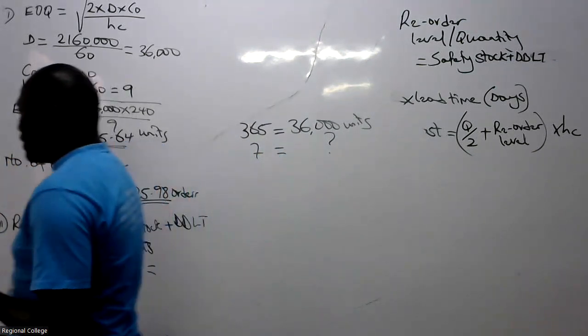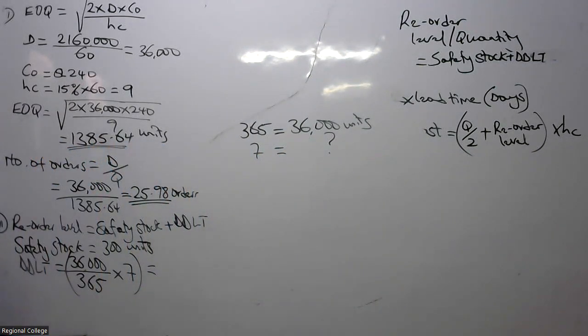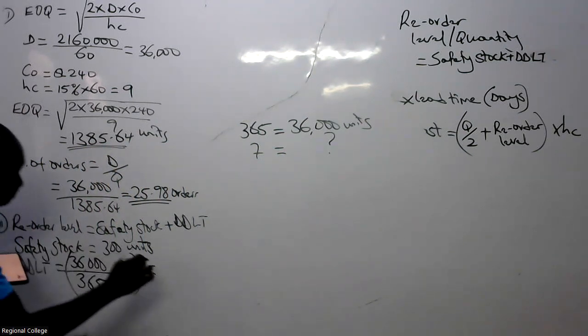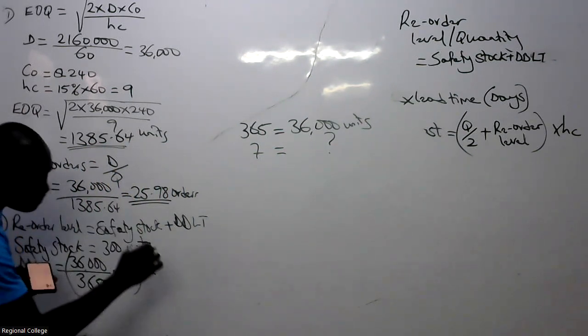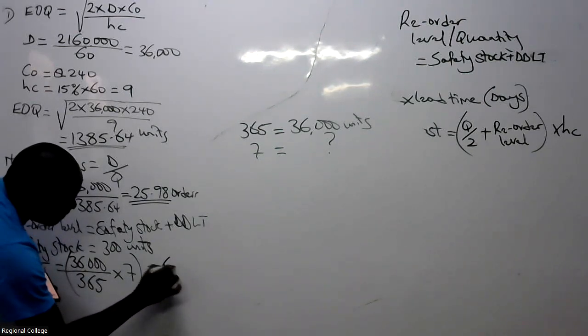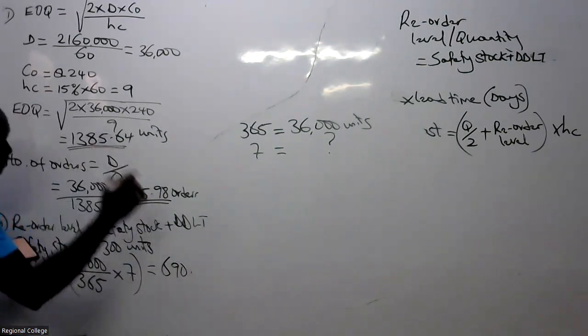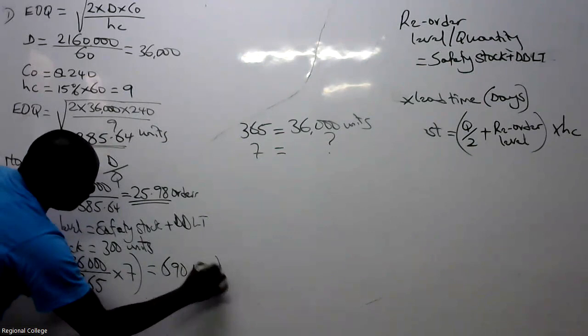So what is our demand during lead time? 690.41.